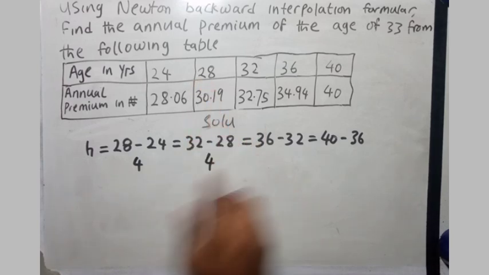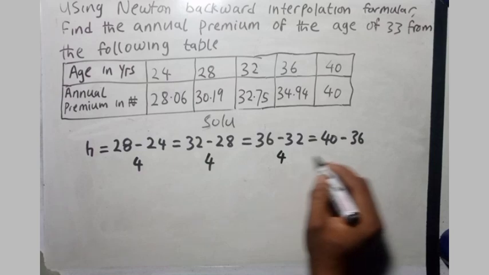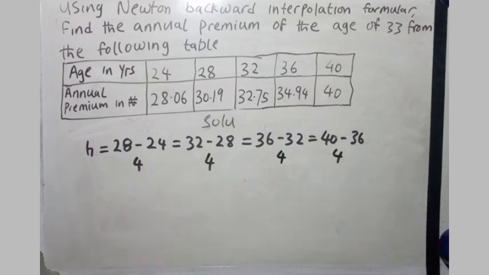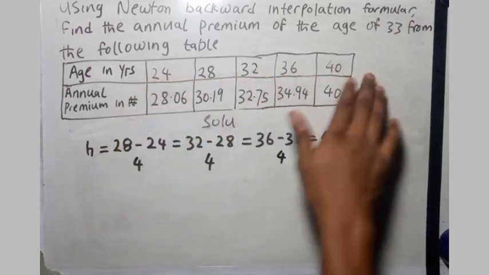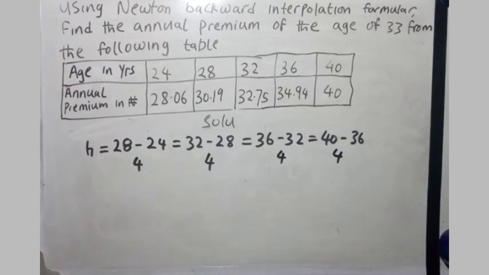So the difference between each of them is 4. If you notice, they are all a difference of 4, so our conditions have been satisfied. Now let's go into the solving.